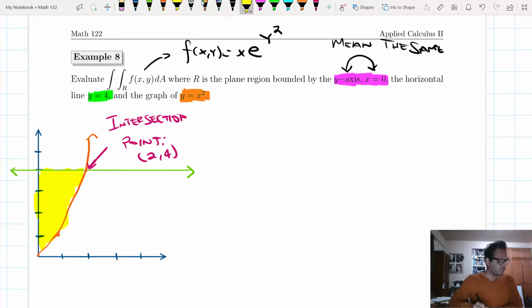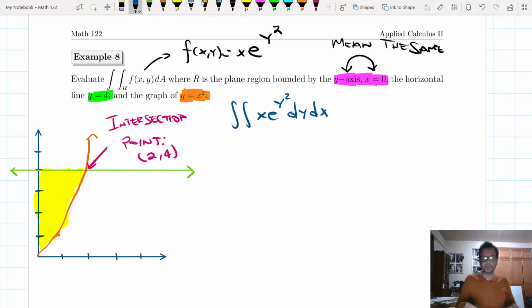I'm going to do the same as before. I'm going to integrate with respect to y first and then with respect to x. So we have the double integral of x e to the y squared dy dx.